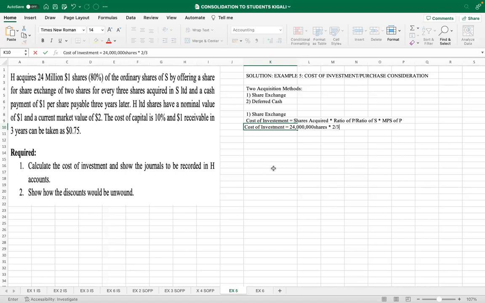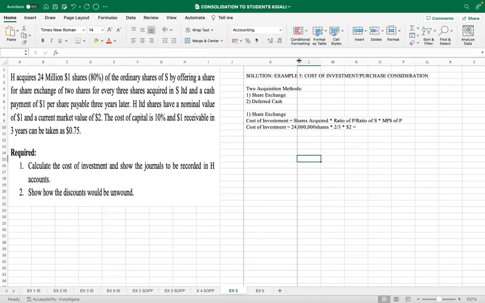The ratio of parent is 2, the ratio of the subsidiary is 3, times the MPS of the parent. What is the MPS of the parent? I'm looking for it here. The nominal value is $1 and a current market value of $2. So the market value of the shares is $2. So that is how cost of investment is computed.